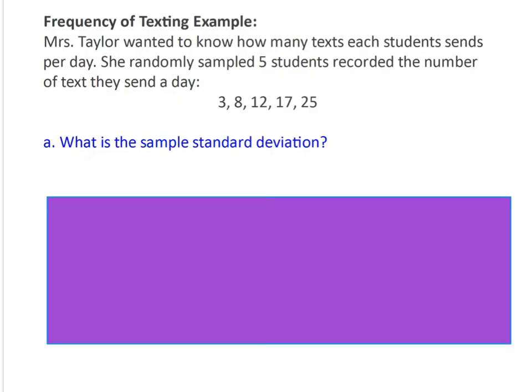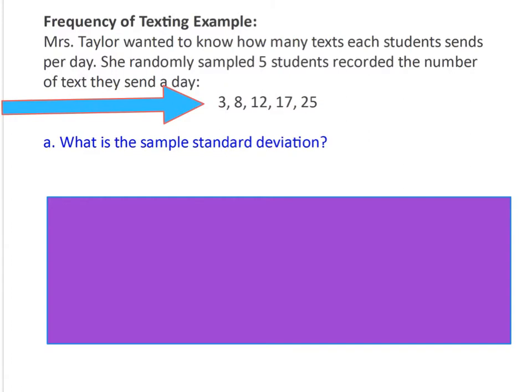If we put this into practice and see an actual example, it says, Miss Taylor wanted to know how many texts each student sends per day. She randomly sampled 5 students, recorded the number of texts they send a day. If you get down anything from this example, get down the data set. It says, what is the sample standard deviation?